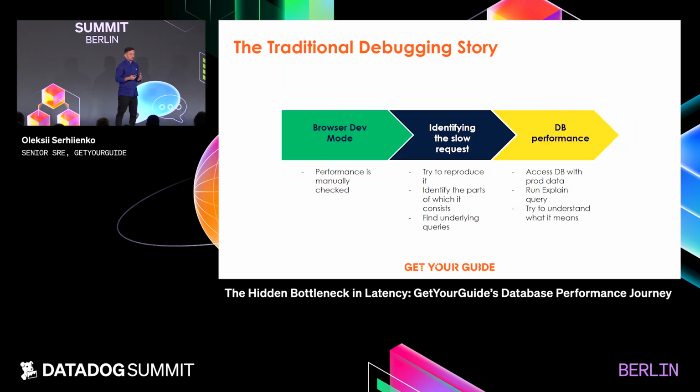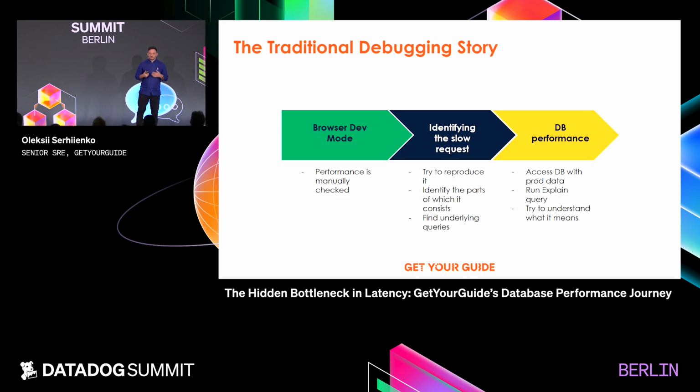The engineer would get the report: the website is slow. The engineer would go to the browser, and is very lucky if they can replicate the issue. Second part, when the issue is replicated, a developer will analyze all the requests and find the slow requests. Great, now you have slow requests.